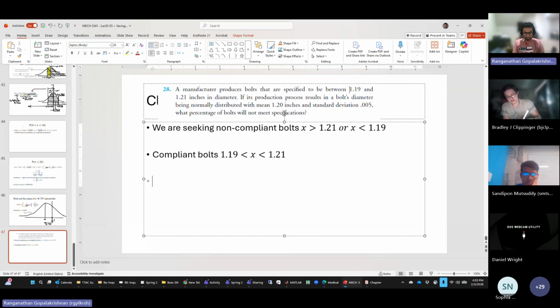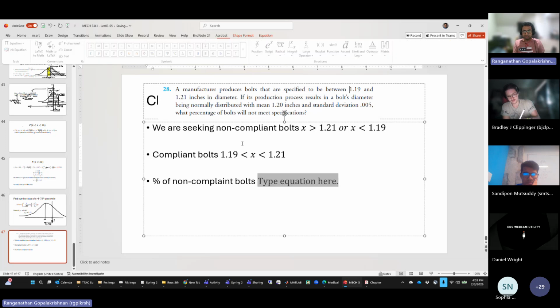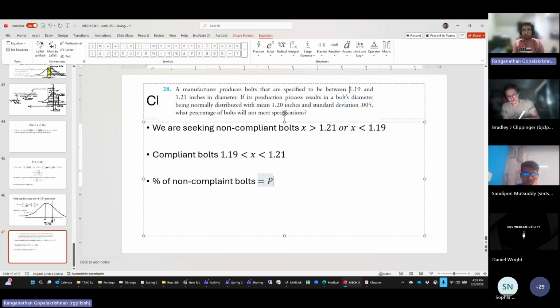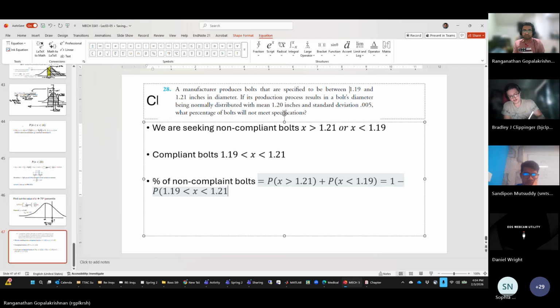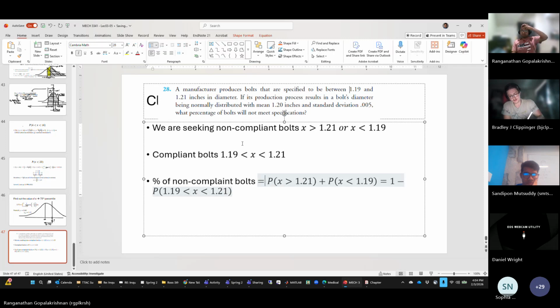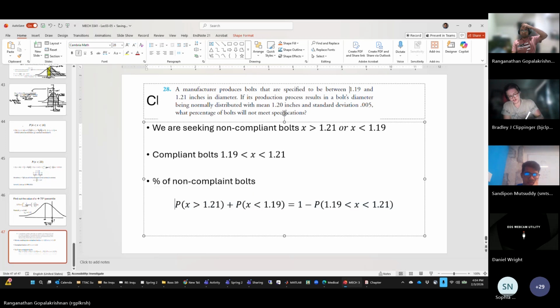You are asked for the percentage of non-compliant bolts. That will be probability of X greater than 1.21 plus probability of X less than 1.19, which is nothing but 1 minus probability of everything that is compliant. Everyone's cool with this? I have 2 minutes, but tell me if this makes sense.